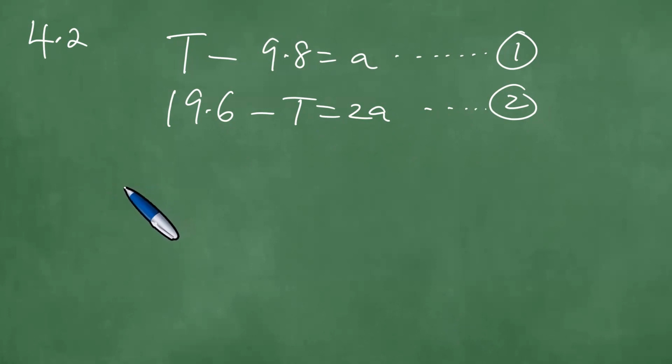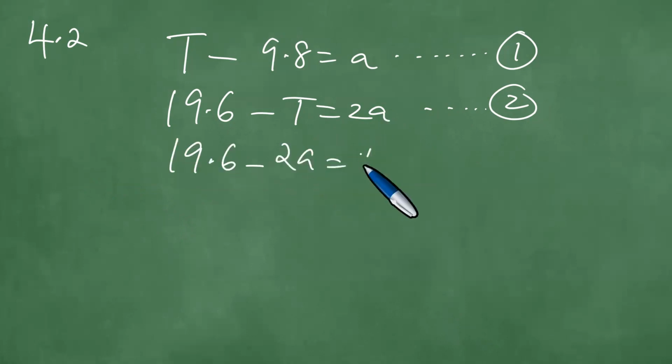There are many things we can do. We want to find the acceleration here, so we can say 19.6, move the 2a to the one side and the tension, and call this equation 3. Okay, you need to repeat this question during your own spare time. You need to watch the video and write down the notes. You need to have your physics book, your physics notebook, where you write everything that we're discussing.